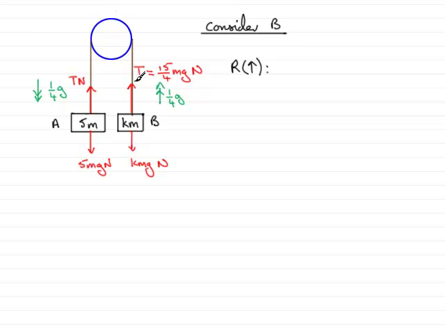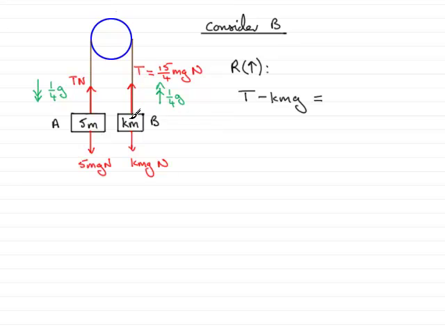We've got T, so put that down, T. We've got minus kmg. Now this is the overall resultant force acting upwards, and this resultant force is equal to the mass times the acceleration.